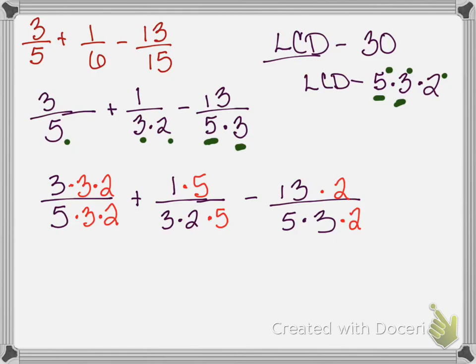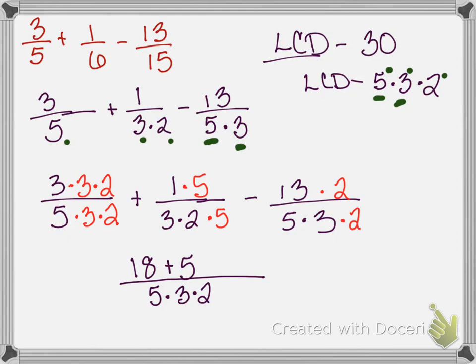So now I have my denominator. And now I can add and subtract what I need to on top. 3 times 3 times 2, what is that? Good. What is 1 times 5? Okay. Now, this is minus.